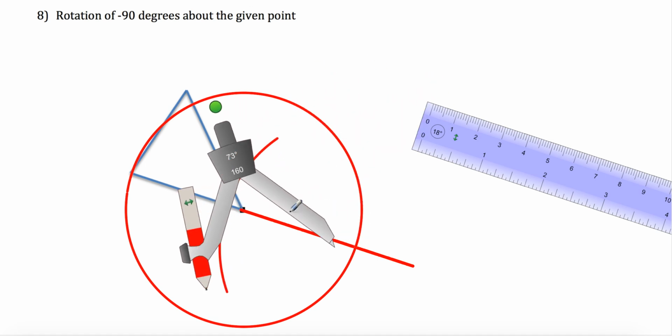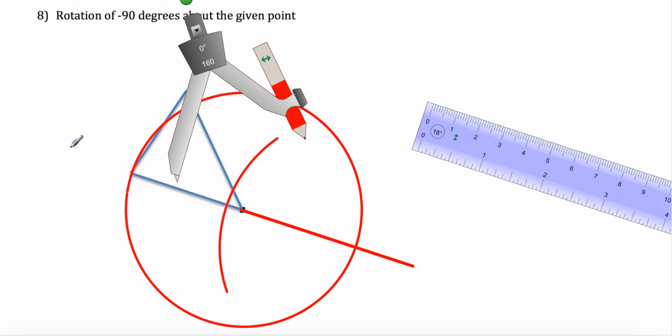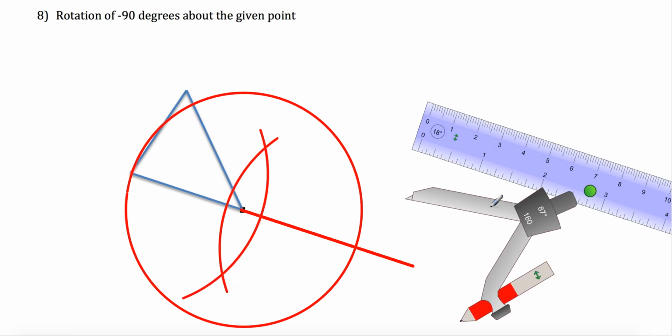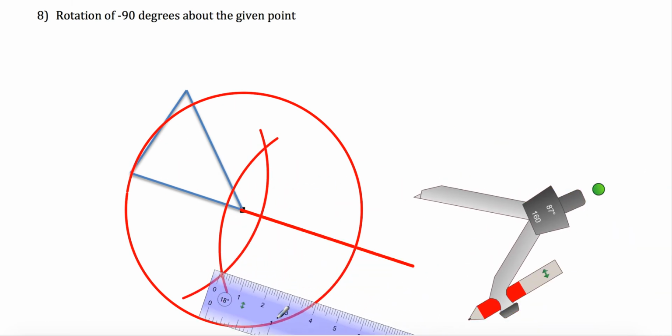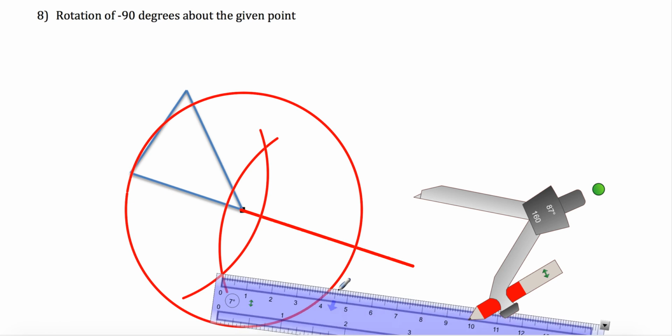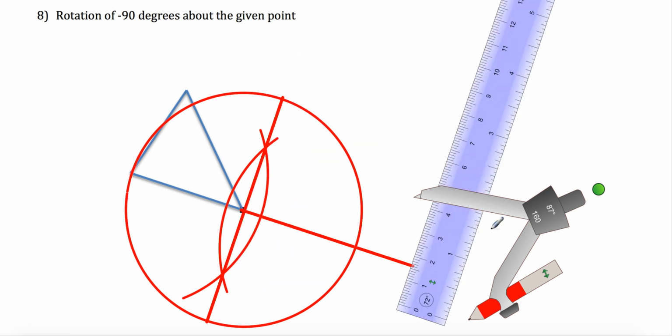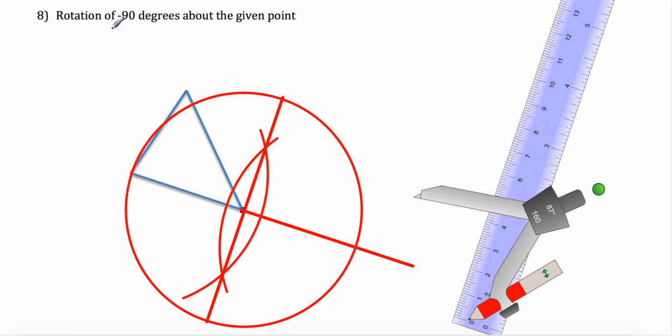Draw an arc. And draw an arc. And draw an arc this way. Draw the chord. But this is rotation by a negative 90-degree angle.